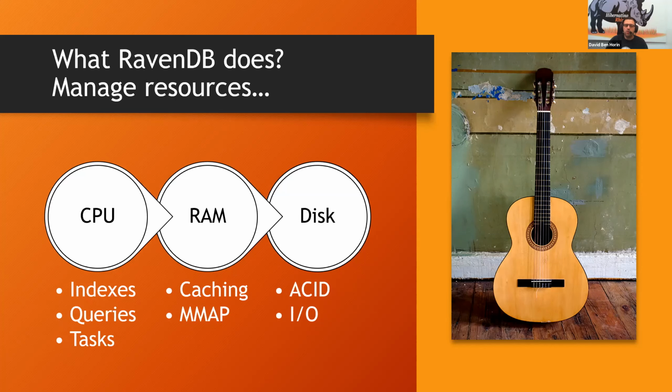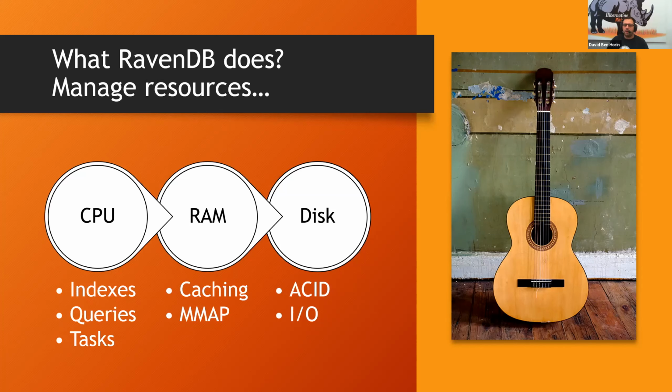For RAM, we use memory-mapped files, and we heavily cache some details in memory. We also do a lot of work around memory management directly in RavenDB. Now, RavenDB is written in C#, which is a managed language, but for the most part, the way that we operate excludes a lot of the traditional idiomatic C# code.